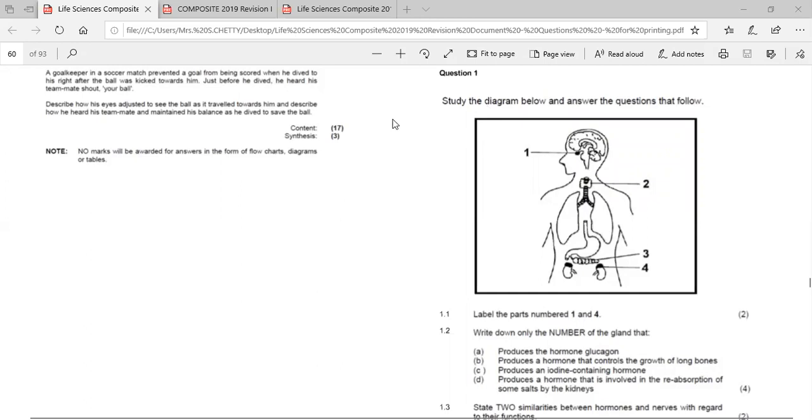We'll be looking at the topic of chemical coordination, just to make it clear for you.